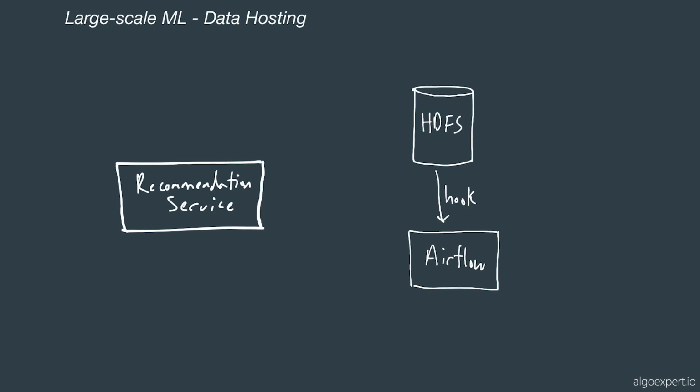So we would have a hook on HDFS such that every time new features got added to HDFS, Airflow would communicate to the recommendation service to tell it to refetch the data from HDFS, and then the recommendation service would asynchronously get all of the data in bulk from HDFS, and then all of that data would be immediately available on the recommendation service itself.